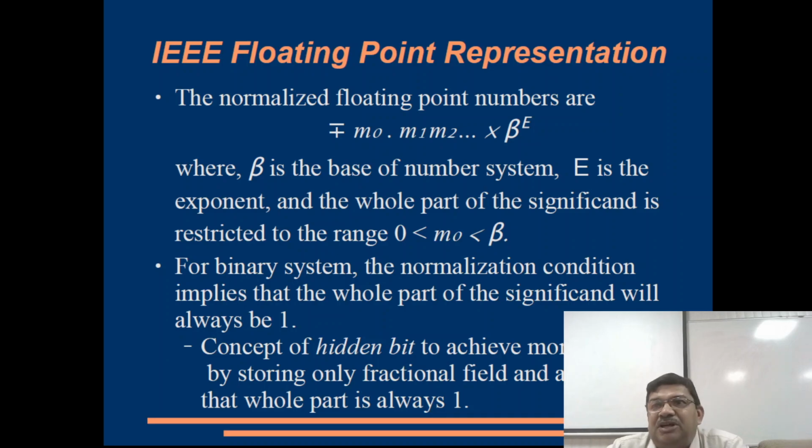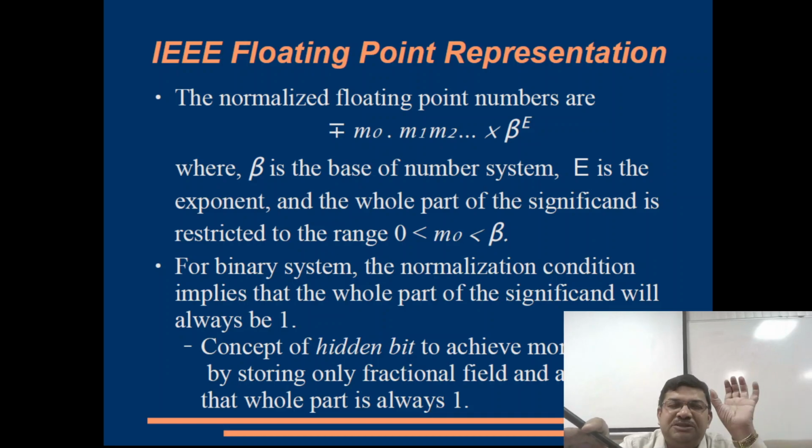Since it is by definition is going to be 1, why bother wasting some storage, 1 bit, on storing that 1 which always has to be 1? We can just assume that it is 1 always and don't bother storing it at all. And that leads to the concept of hidden bit representation.